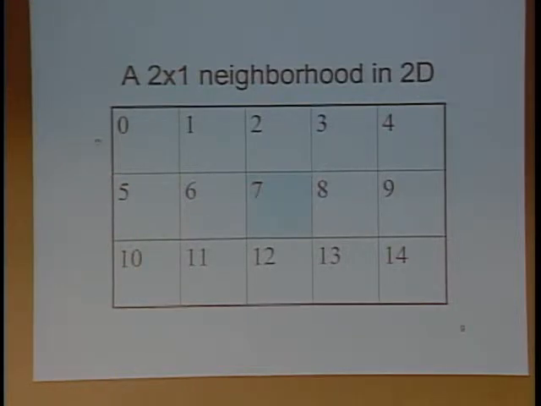And one way to dereference pixels in neighborhood is to think of the neighborhood as a one-dimensional array where every pixel has a unique integer index. We call this index neighborhood position.